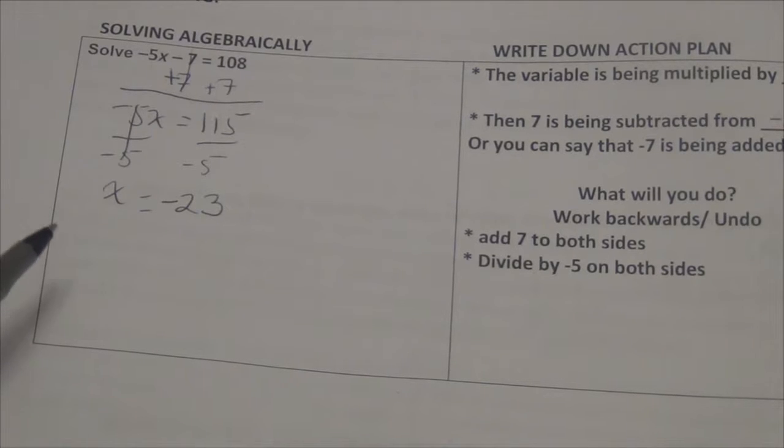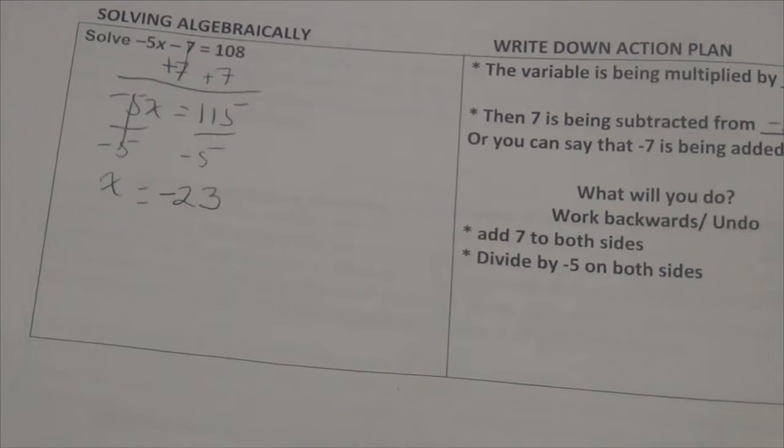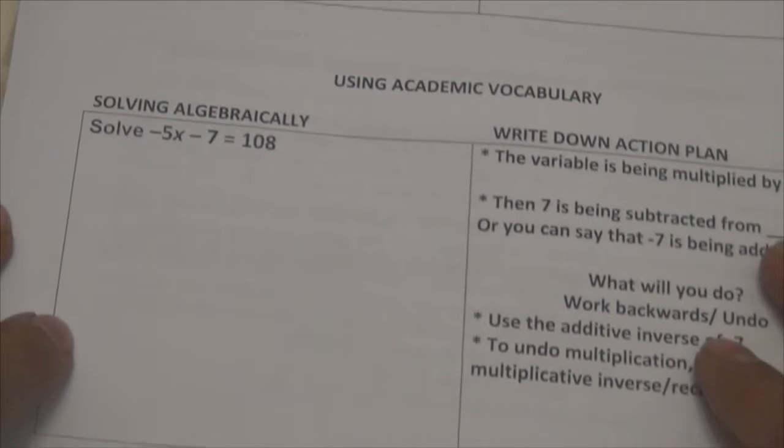And that's what we get. X equals negative 23.